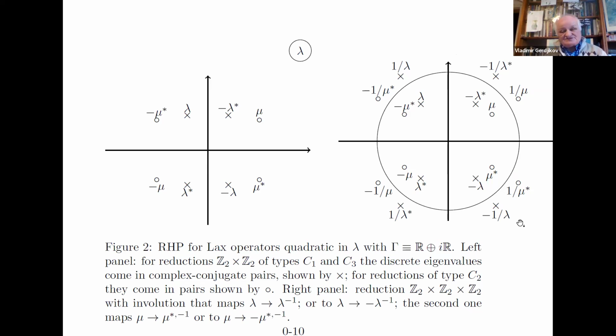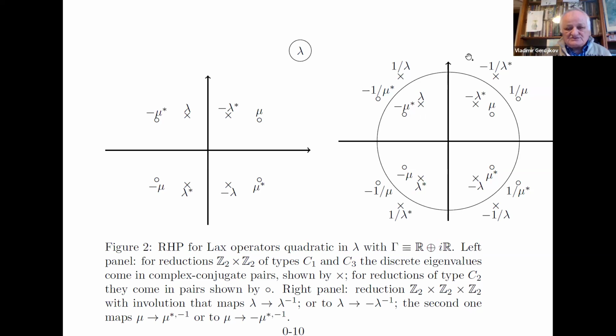And now, as a result of this additional involution, the contour of the Riemann-Hilbert problem becomes more complicated. Now, besides the two axes, imaginary and real, we have the unit circle. And now we have sets of eigenvalues that come in eights, because they contain not only lambda and 1 over lambda, but also minus lambda, minus 1 over lambda, and their complex conjugates.